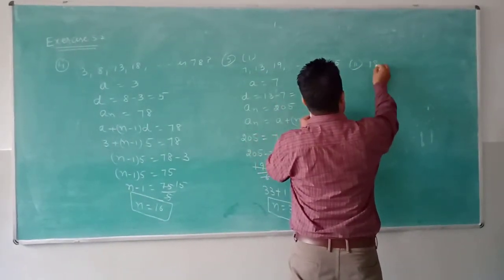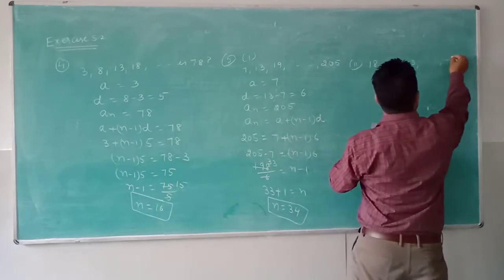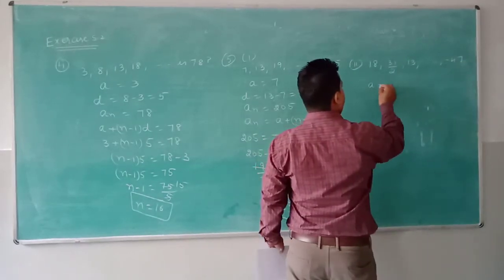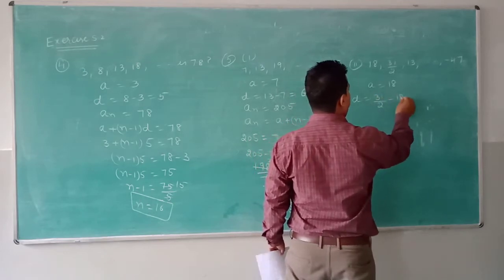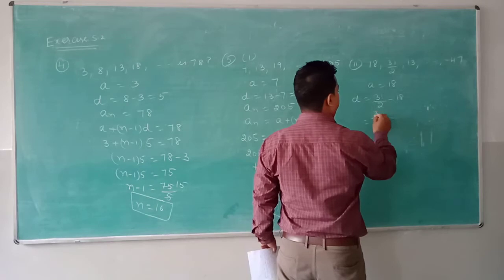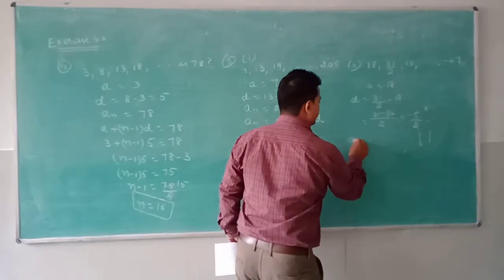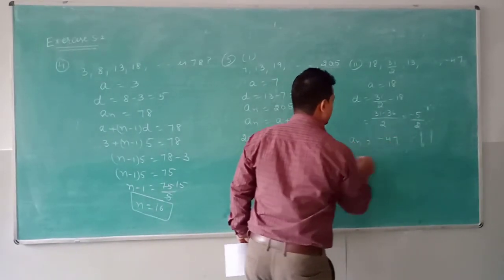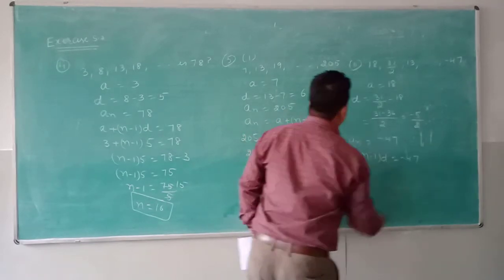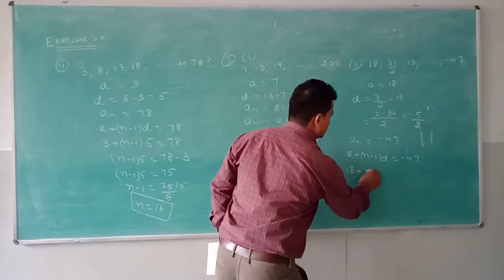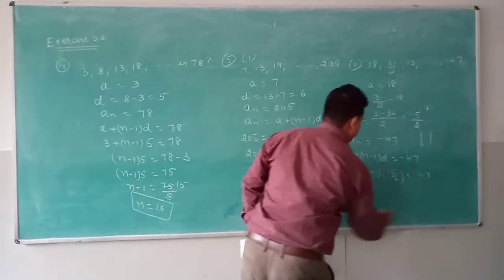In the second part, the AP is 18, 15.5, 13, and the last term is minus 47. In this AP, a is equal to 18, d is equal to a2 minus a1, which means 15.5 minus 18, which is minus 2.5, and an is minus 47. The formula of an is a plus (n minus 1) into d. So a is 18 plus (n minus 1), d is minus 2.5, which is minus 47.